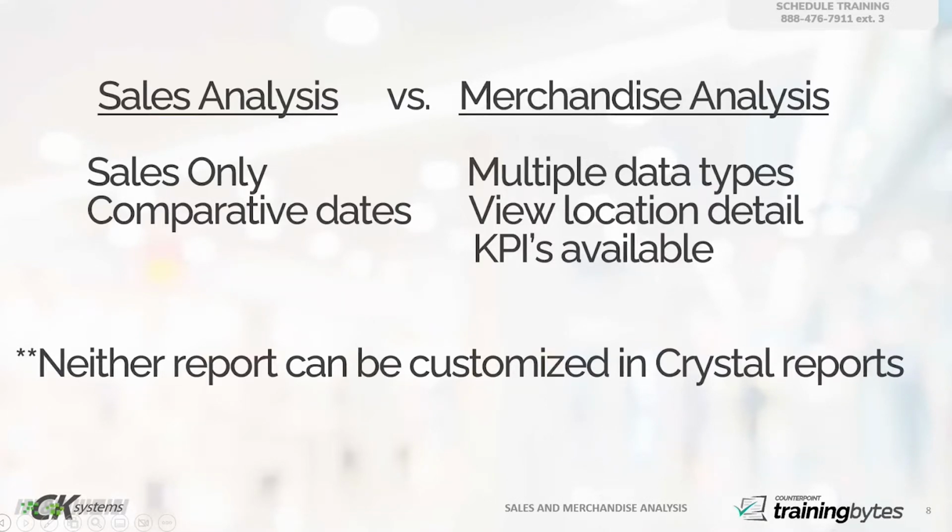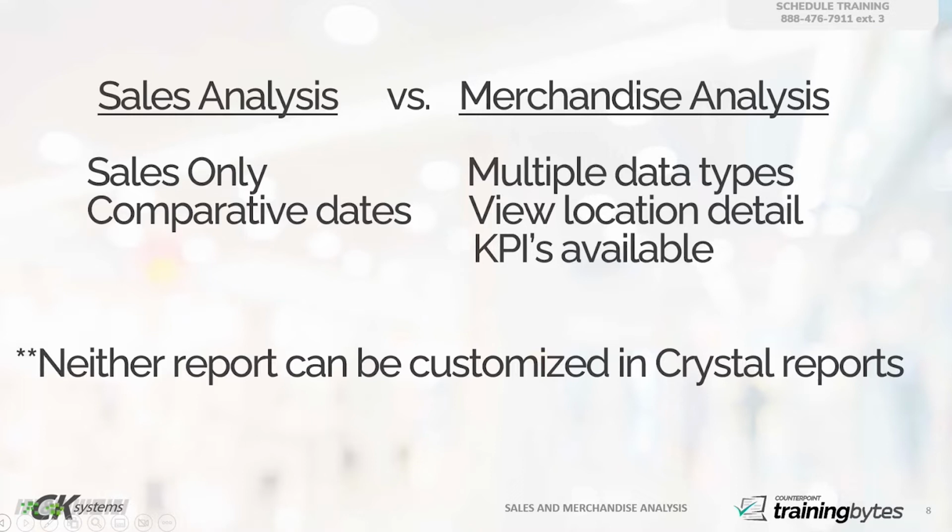A feature of merchandise analysis, if you have more than one store, is that you can actually view location detail within the report. And something that's very nice about merchandise analysis is some of the columns that you can choose are KPI columns, key product indicators, like your weeks on hand, for example, your stock to sales, your turn.